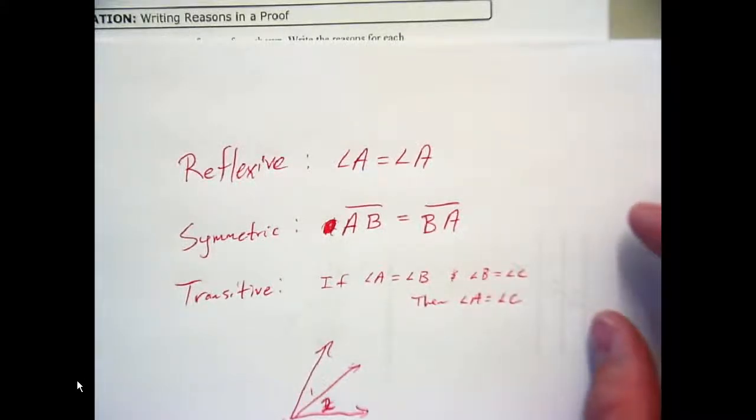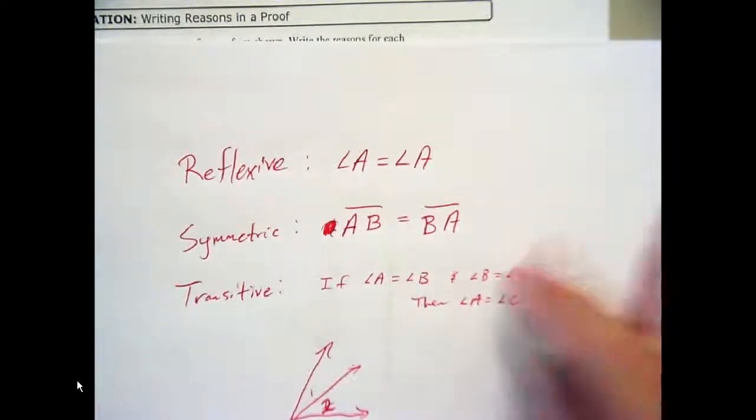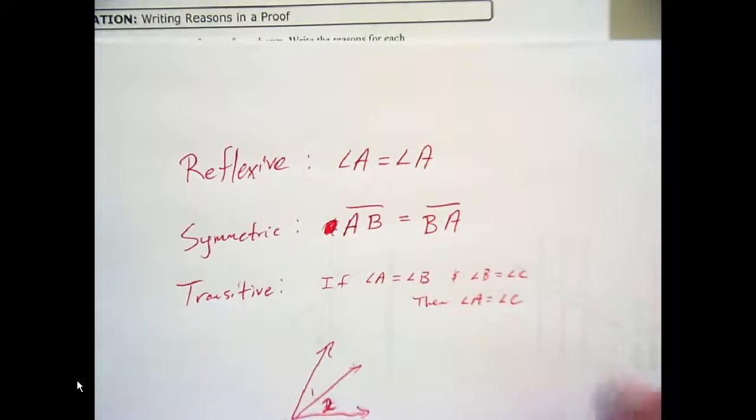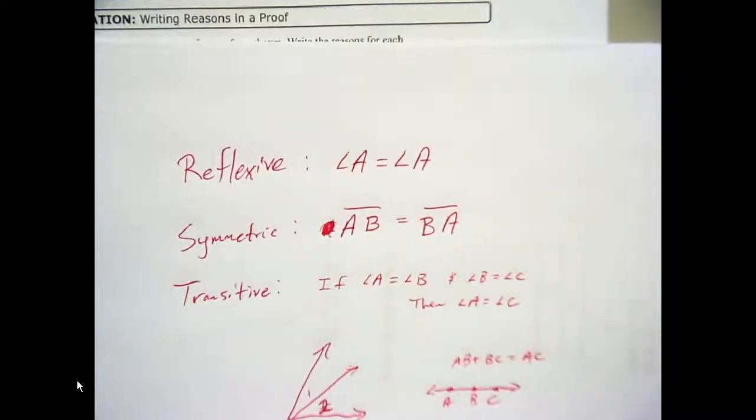We have associative property. We have segment addition property. We're saying two smaller segments make up the bigger segment when you add them together. If that's A, B, and C, AB plus BC equals AC.